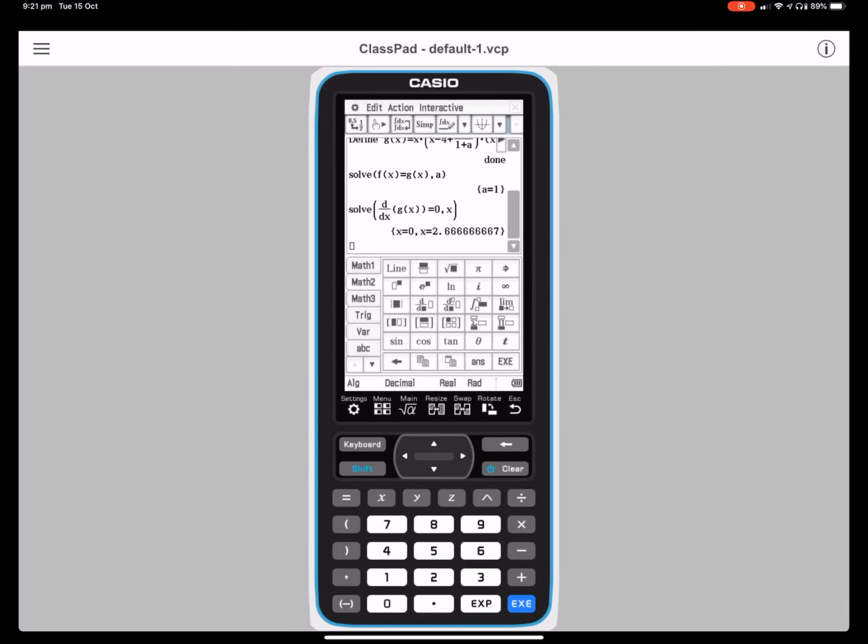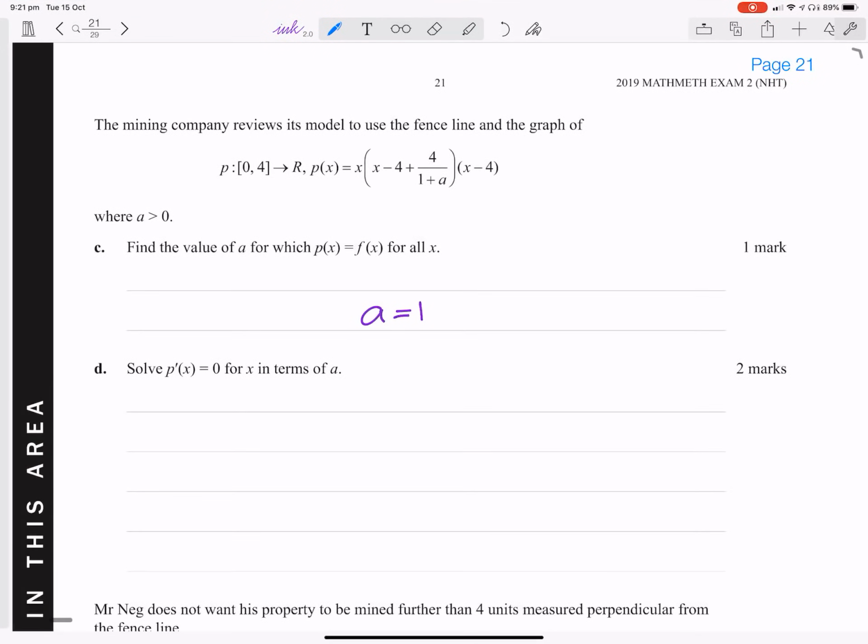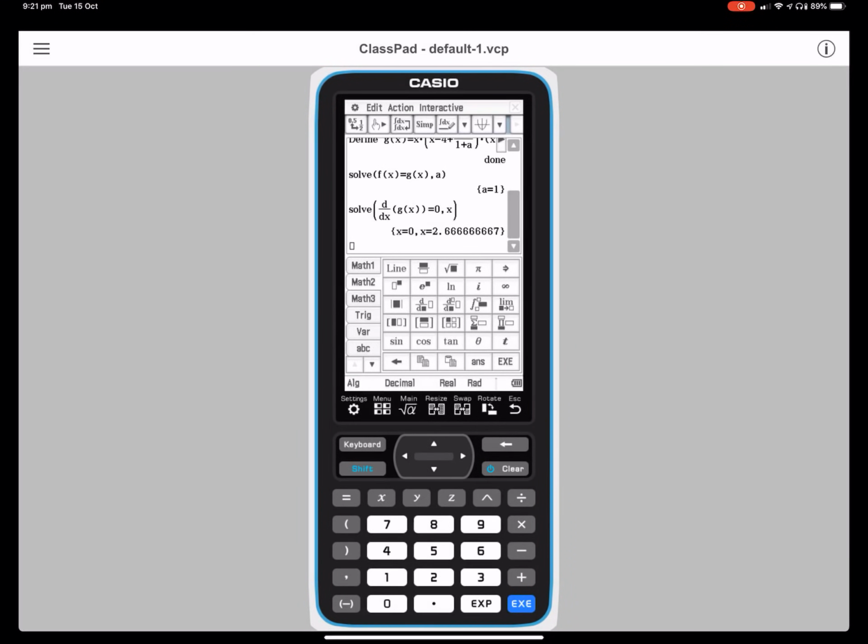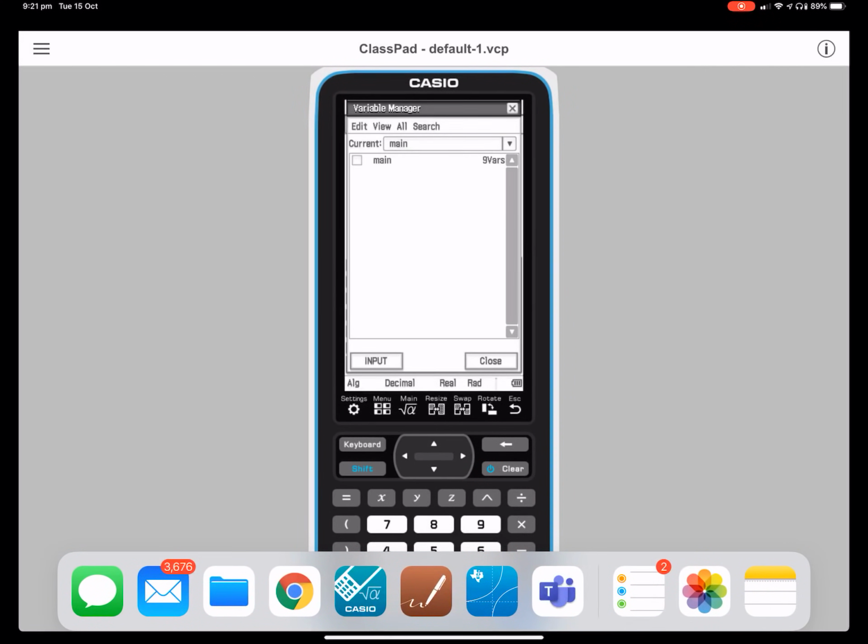Which one's which? P of x is g of x. So when does the derivative of that, for x in terms of a, is a defined?